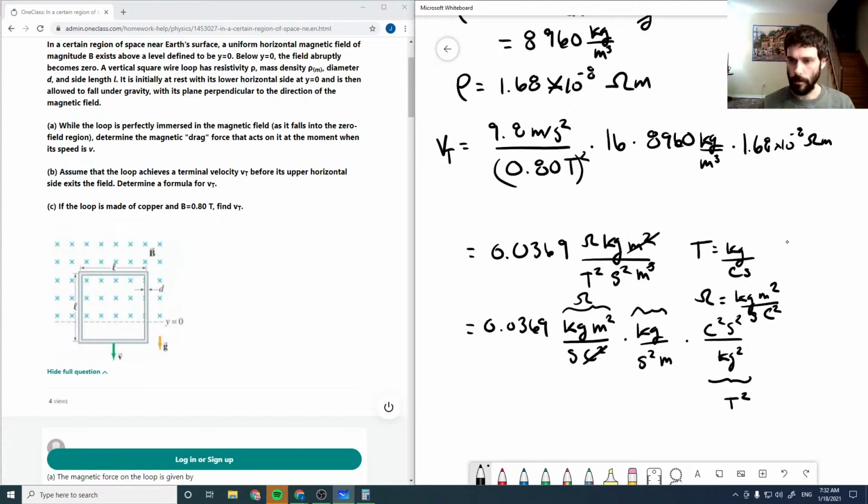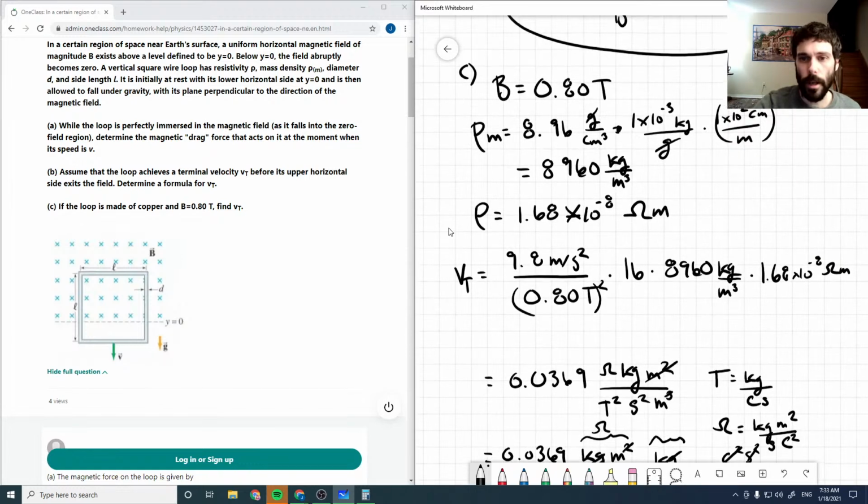And so we can see that the coulomb squared will cancel, the second squared will cancel, the kilograms squared will cancel, and the meter will cancel, leaving us with 0.0369 meters per second. All right, so just a quick unit analysis to make sure we didn't make any mistakes. It doesn't look like we did since the units all work out.